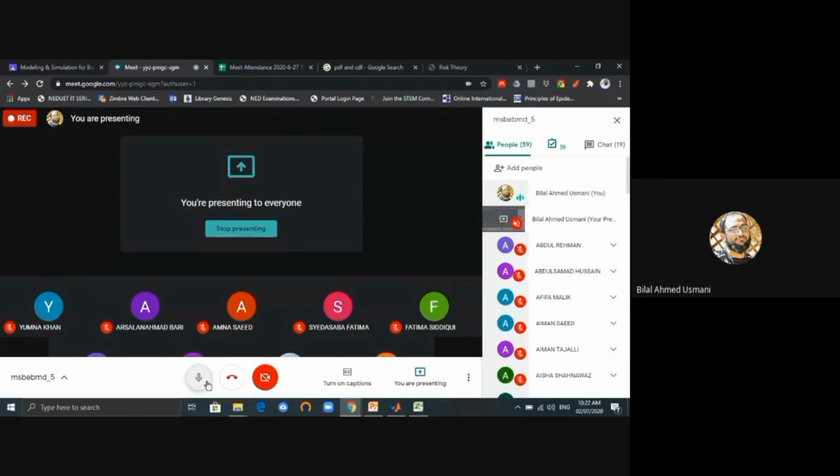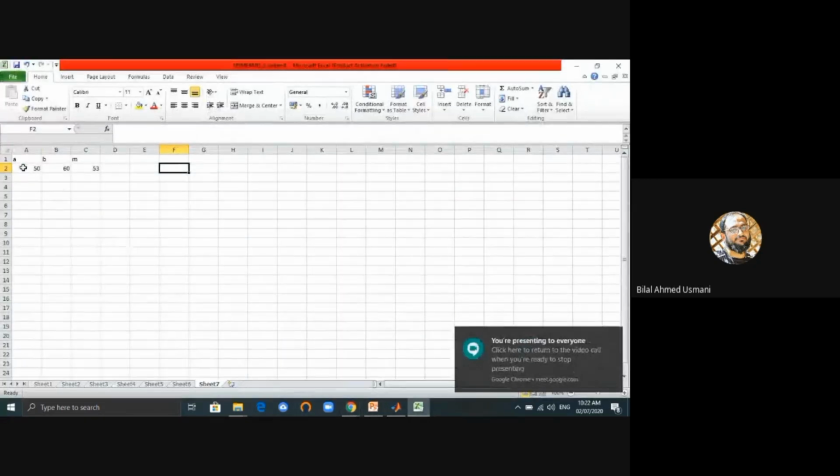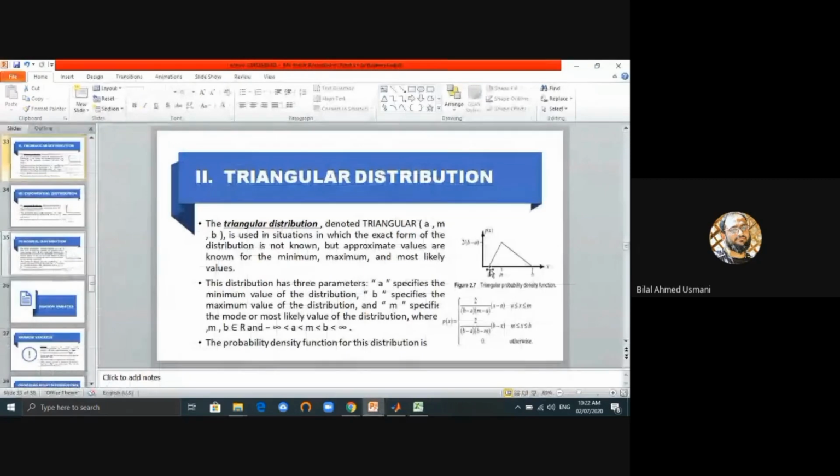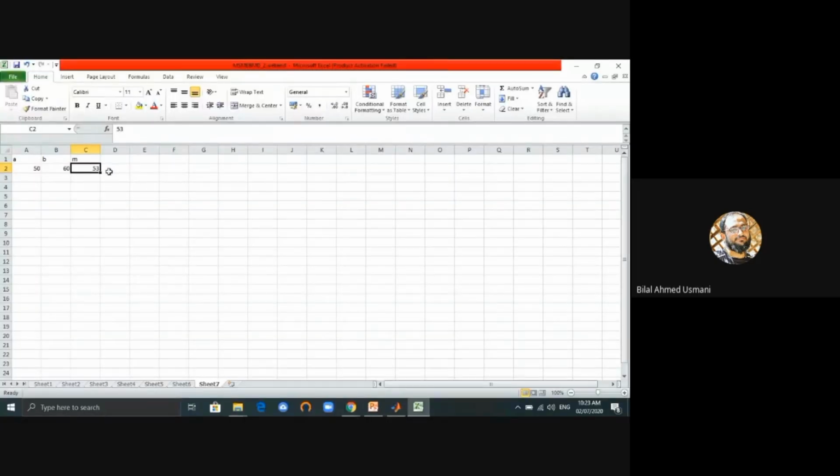Can you guess the shape of a triangular distribution when minimum is 50, maximum is 60, and the most likely is 53? It should be something like that over here, because the most likely value is close to the minimum value between 50 and 60. What would happen if it is 58?